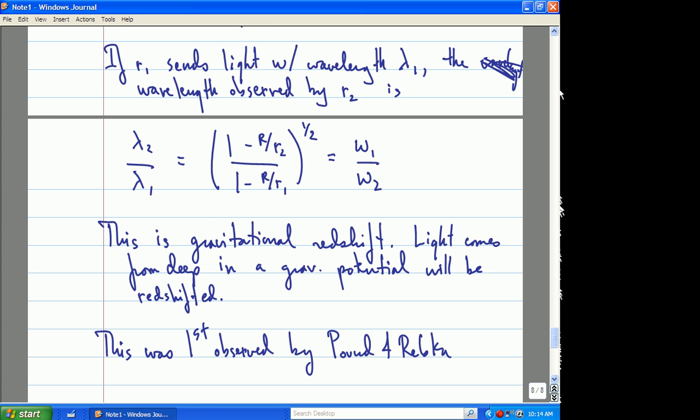In fact, when I took a lab as a graduate student, we used the same experimental apparatus that Pound and Rebka used, because they don't throw away all the equipment. They had just donated it to the student lab. So these are things that are in principle relatively easy to do.